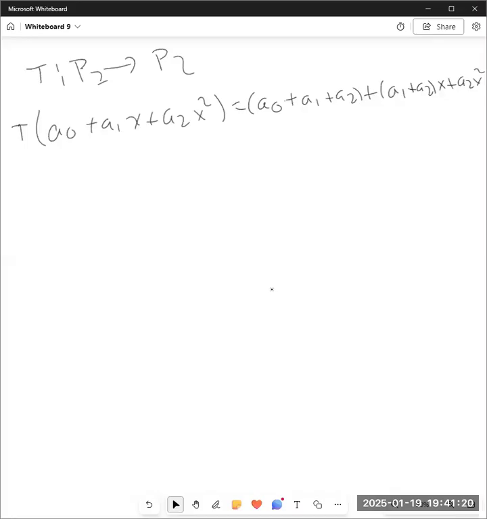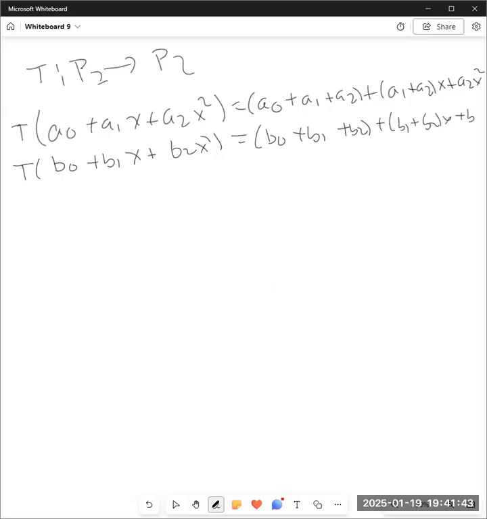I want to see if, let's do T of b0 plus b1x plus b2x squared equals b0 plus b1 plus b2 plus b1 plus b2x plus b2x squared.